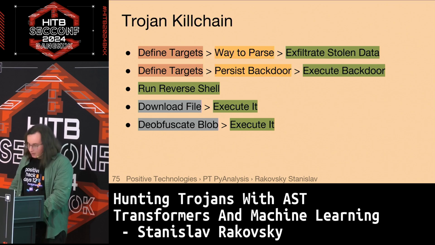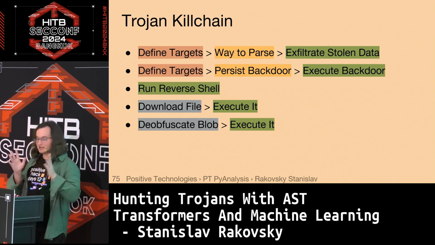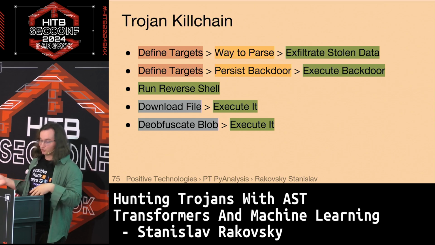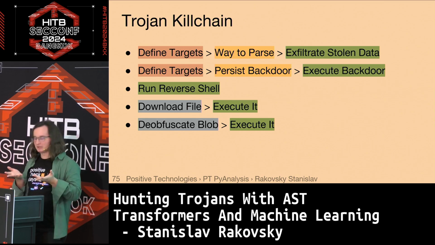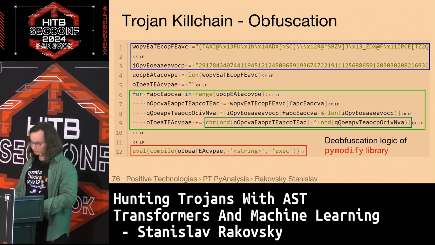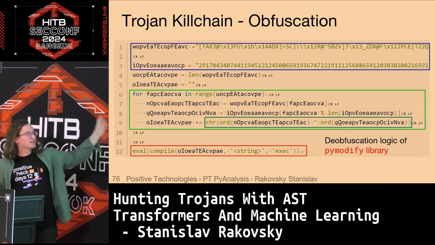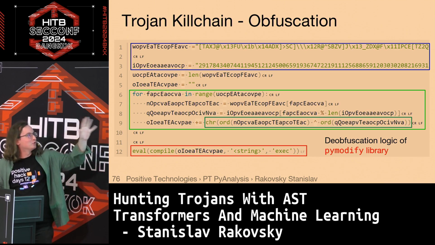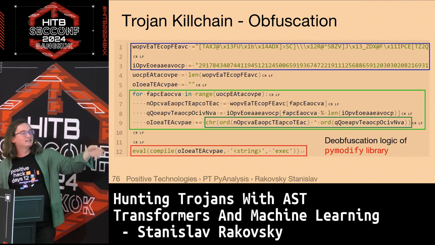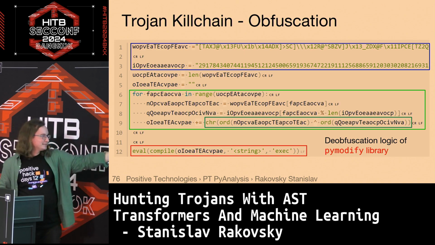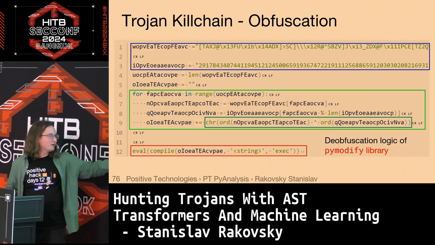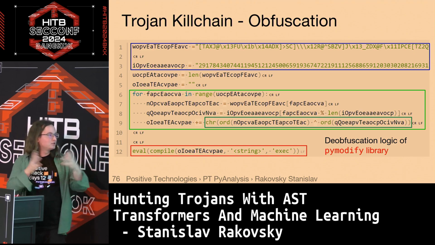Okay, we saw some obfuscation. The kill chain of obfuscation is also similar: doing something with an obfuscated blob and executing it. For now, we can see some crazy stuff here, some loops, some constants, and after that, just a small line of compile plus eval of decrypted stuff.